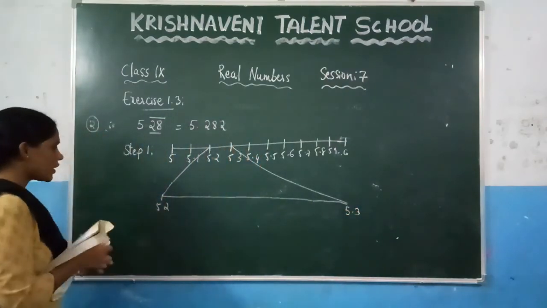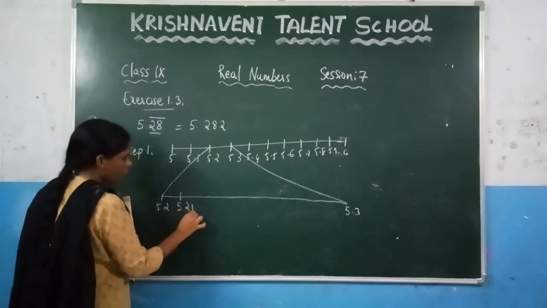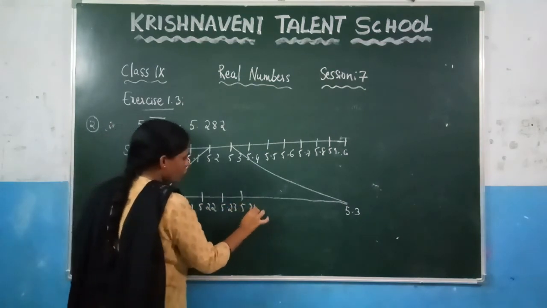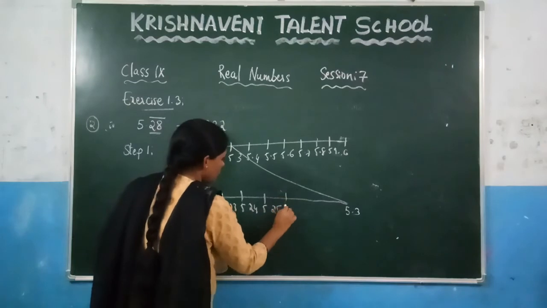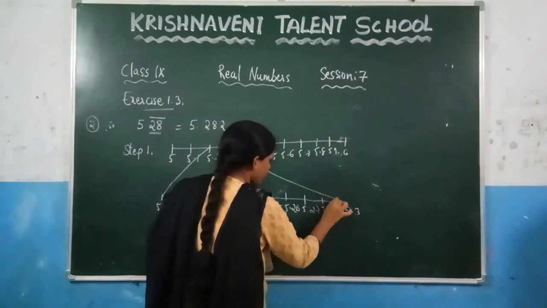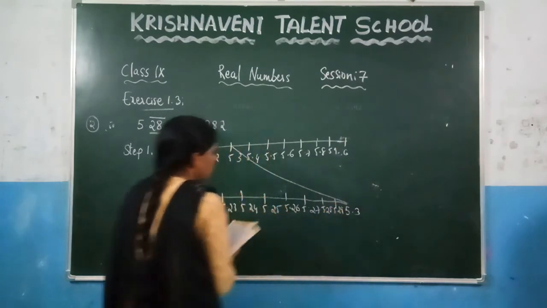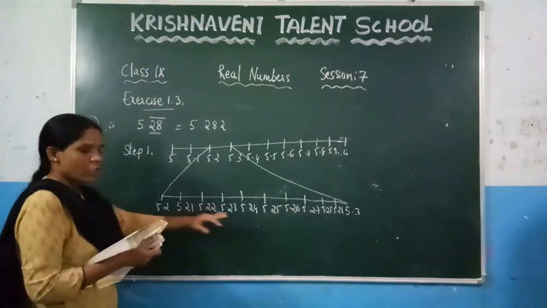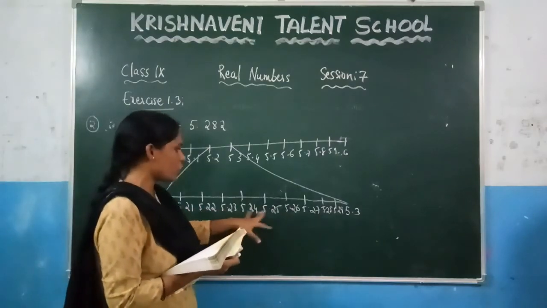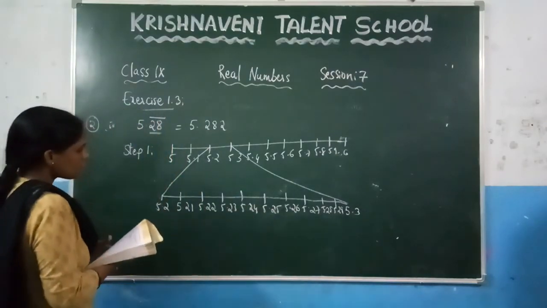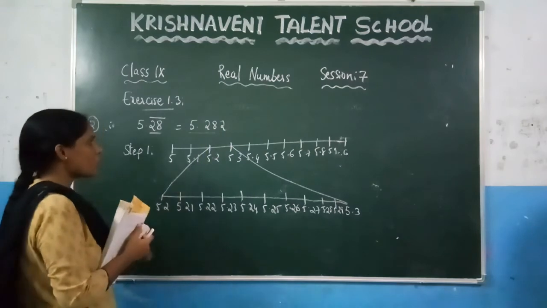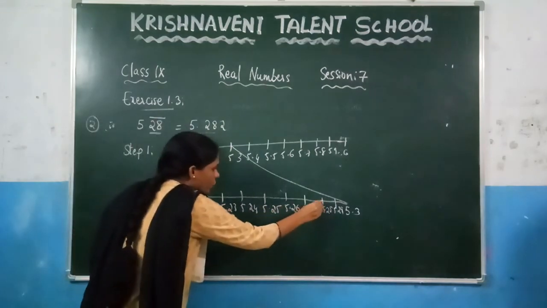And after 5.2 what will we get? 5.21, 5.22, 5.23, 5.24 and 5.25, up to 5.3. Now again, you need to check the next number. So what is the next number here? 5.28. So this number lies between 5.28 and 5.29.